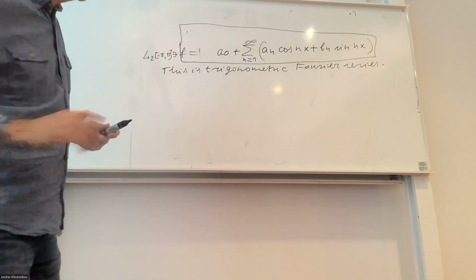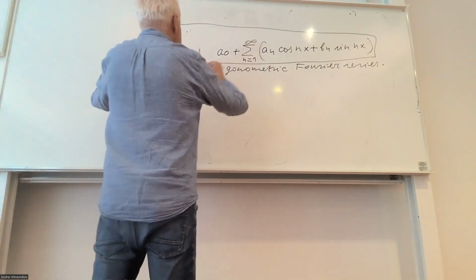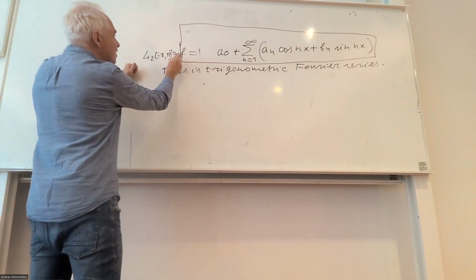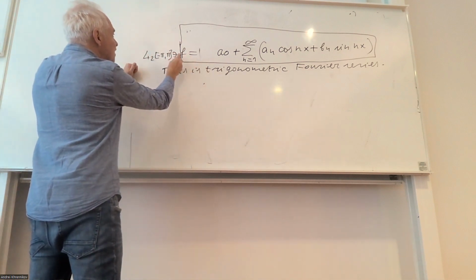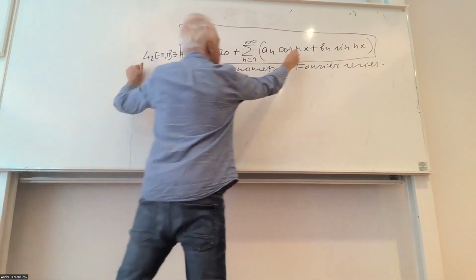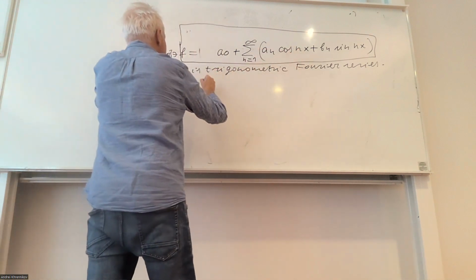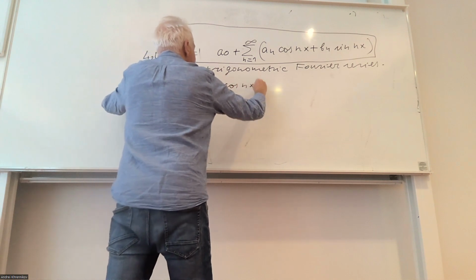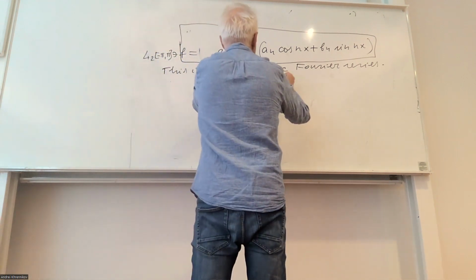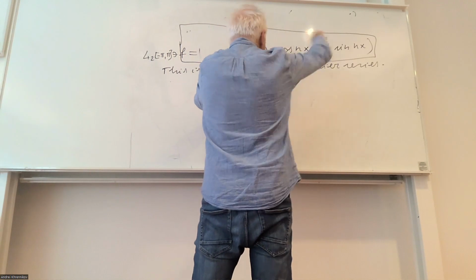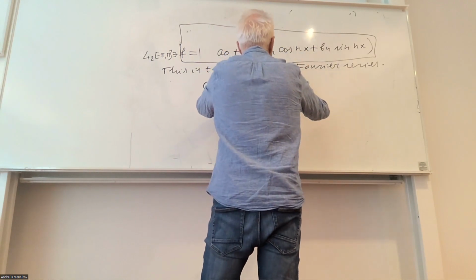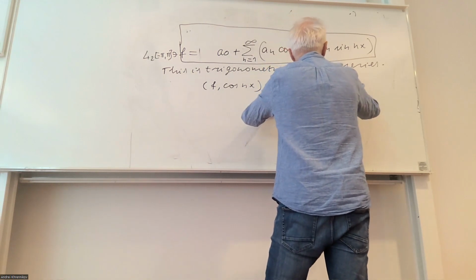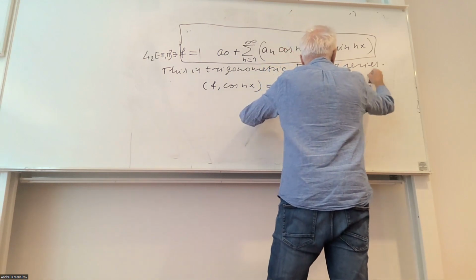So, for example, how to find an? We multiply both sides by cosine nx, and we get the scalar product of f and cosine nx is equal to, and here everything disappears, an times the scalar product of cosine nx with cosine nx.